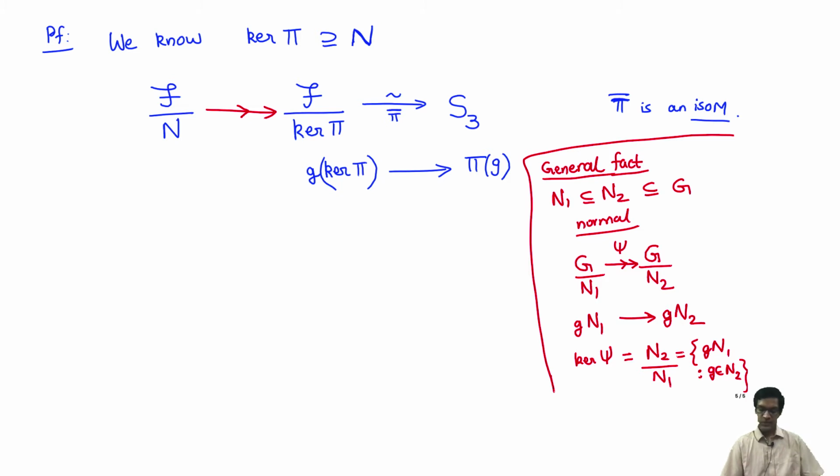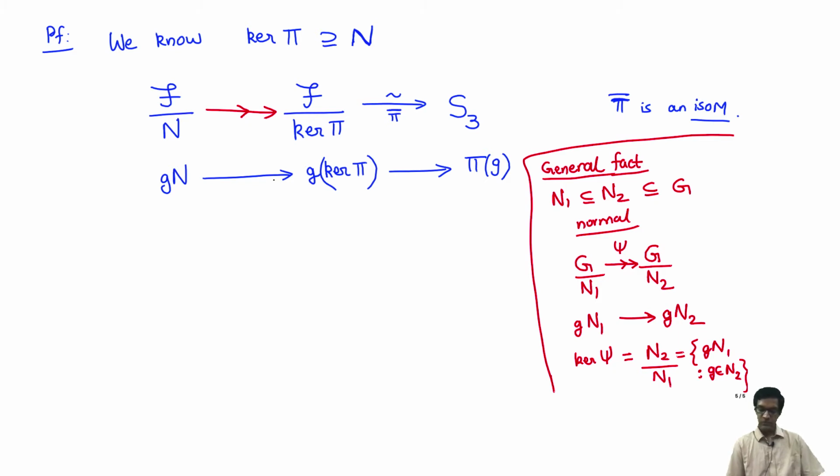Now our situation is similar. We have in fact f by n and f by kernel pi. N is contained in the kernel, and so actually I have a map from f by n, that's a coset of n, to the coset G kernel pi, which in turn maps isomorphically to S3 under the map pi bar. So G kernel pi goes to pi G. Great.